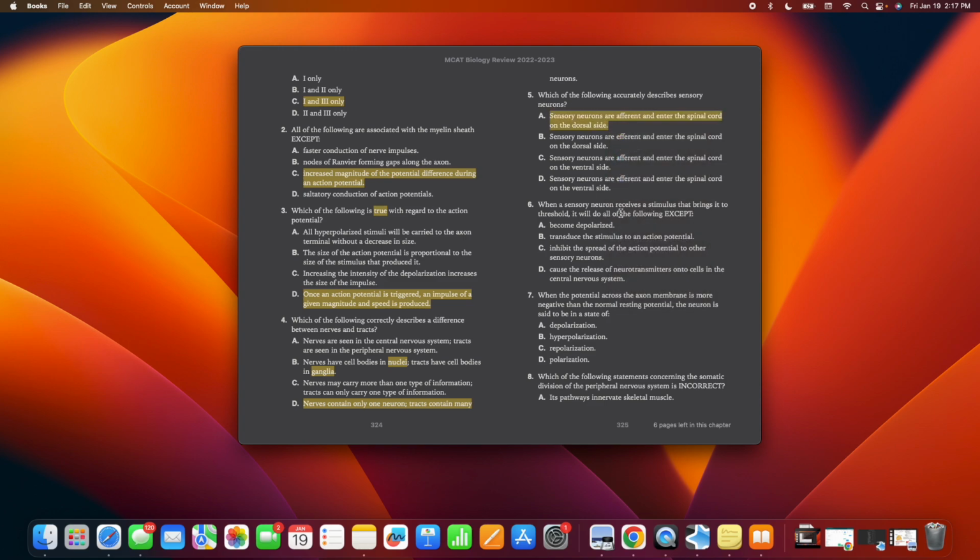When a sensory neuron receives a stimulus that brings it to threshold, it will do all of the following except. So which one is false? Become depolarized? Yes, it does become depolarized. Transduce the stimulus to an action potential? Yes. Inhibit the spread of the action potential to other sensory neurons?